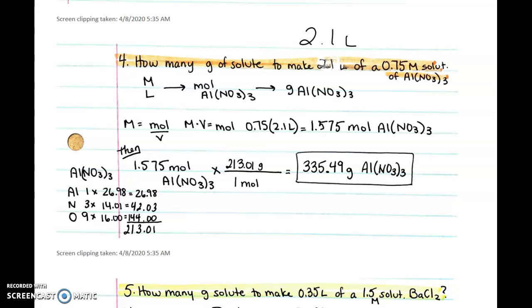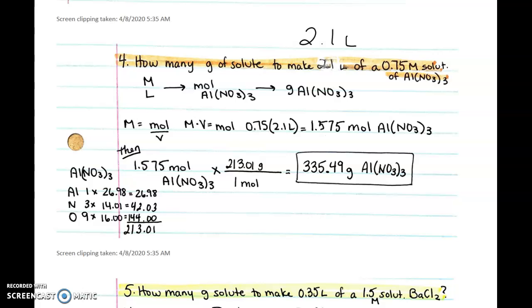Okay, so in this one, they're asking me for how many grams. They give me liters, they give me molarity. So I'm good to go as far as that goes, I don't need to convert anything to start with. My plan starts with molarity and liters. It goes to moles, but then I have to do a conversion.